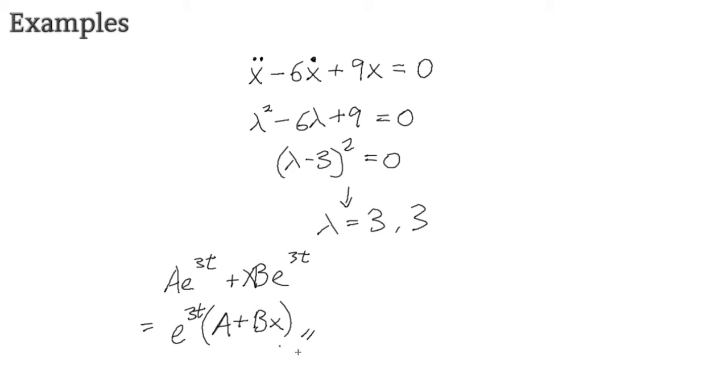And if you use this as your value of x and expand into this equation, everything cancels to 0, which works. So that is basically how you deal with double roots.